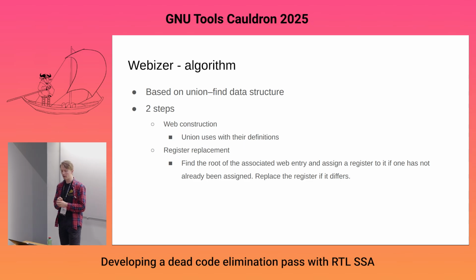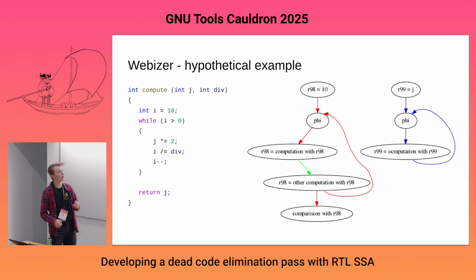The first step is to compute webs, which look like this, and they represent where the same register has to be used, and another color represents the possibility to rename the register.